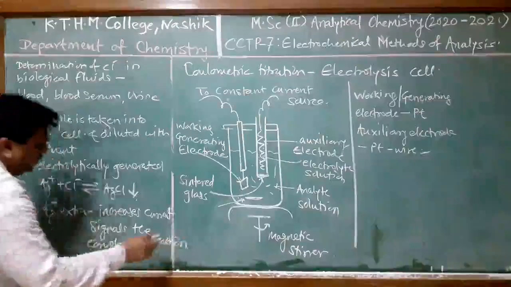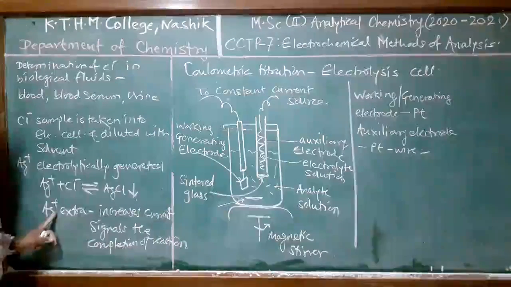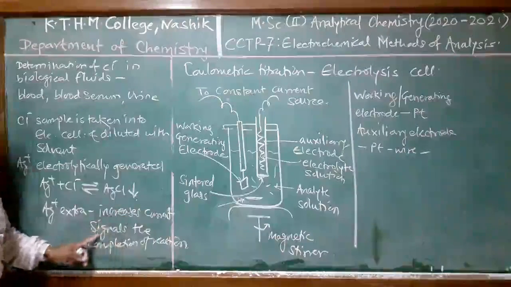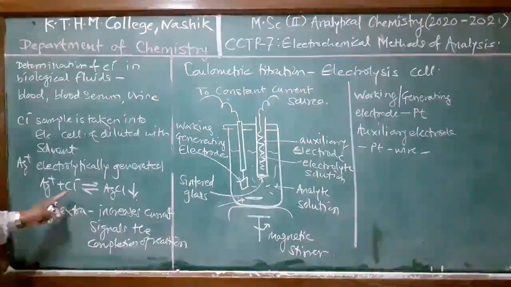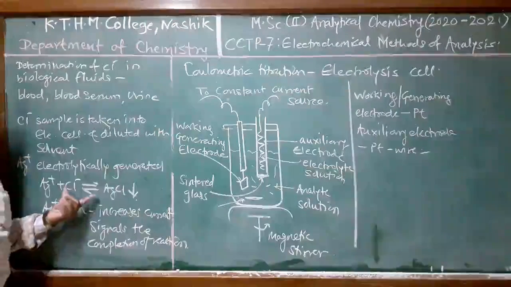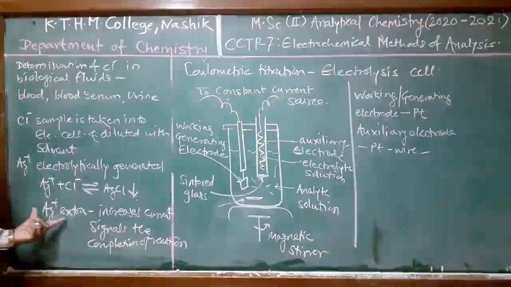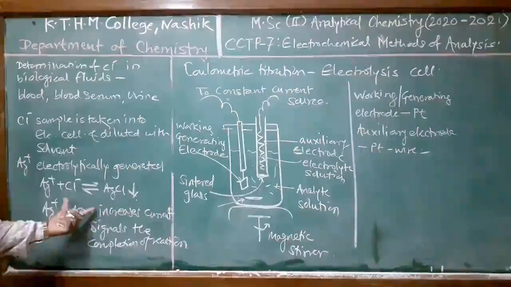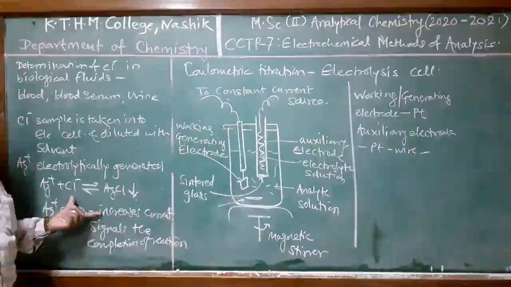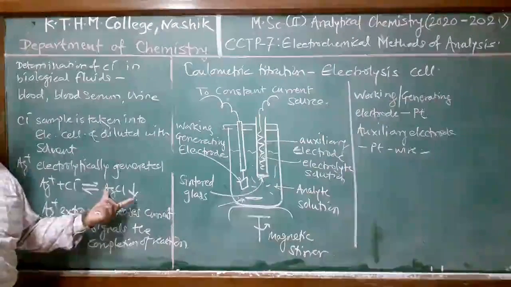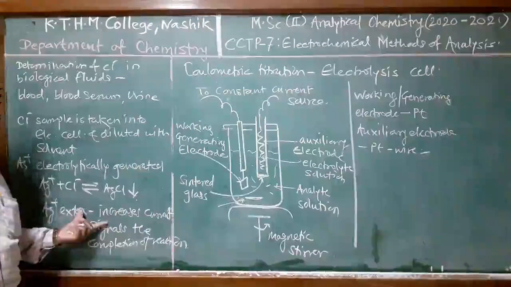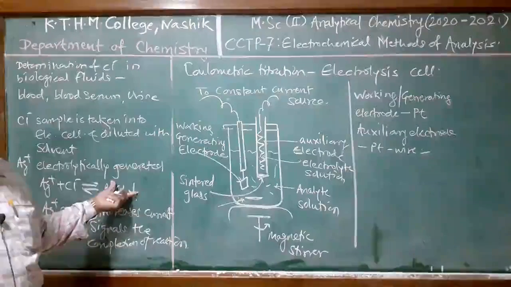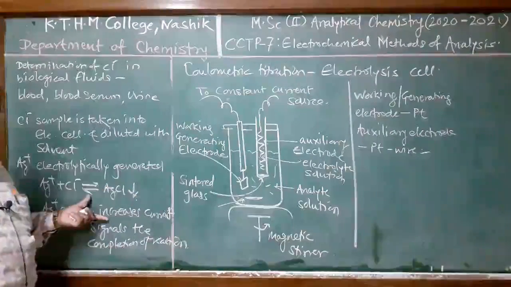Therefore, as the generated reagent remains unreacted, that increases the current and signals the reaction is completed. In this case, the magnitude of current is known, and the time required up to the equivalence point is known. Therefore, we can determine the quantity of electricity by using the magnitude of current and time, and we can correlate that quantity with Faraday's law of electrolysis for determination of concentration of the substance.